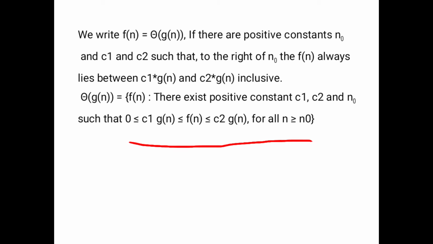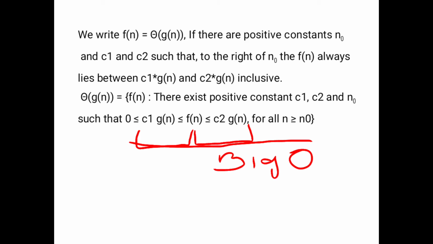So this function f of n, c2 g of n, this portion represents what? Big O notation. In this case, f of n is less than or equal to c2 g of n. Then c1 g of n is less than or equal to f of n.